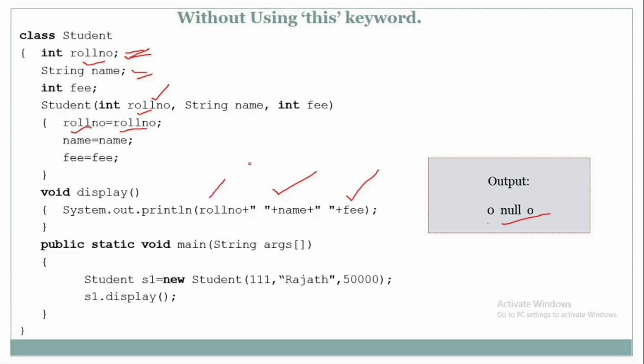Now how can I solve this problem? The problem can be solved by making this an instance variable. So how can I do this? By using this dot roll number, this dot name, and this dot fee.